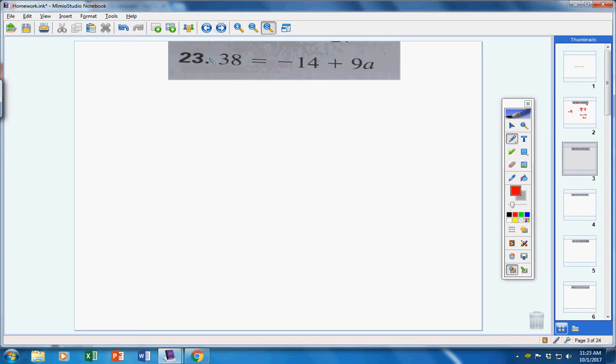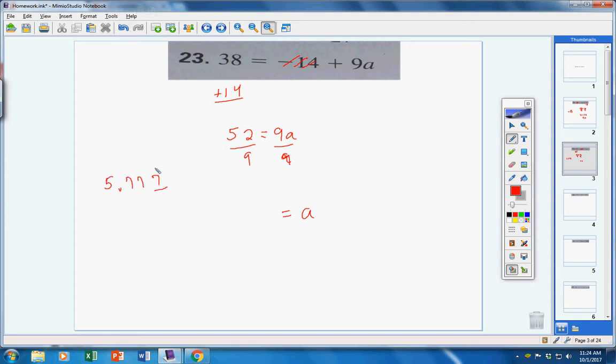Number 23, step 1, simplify both sides. Step 2, eliminate fractions. Step 3, constant terms on one side, variable terms on the other. So we get 52 equals 9a. Divide both sides by 9. And let's see, 52 divided by 9 is 5.7 repeating, so 5.777.